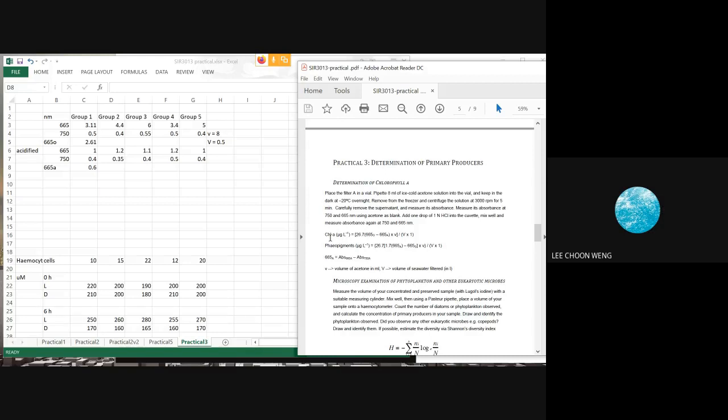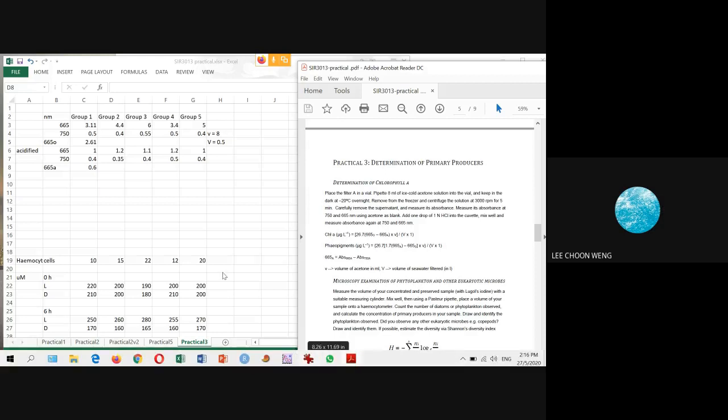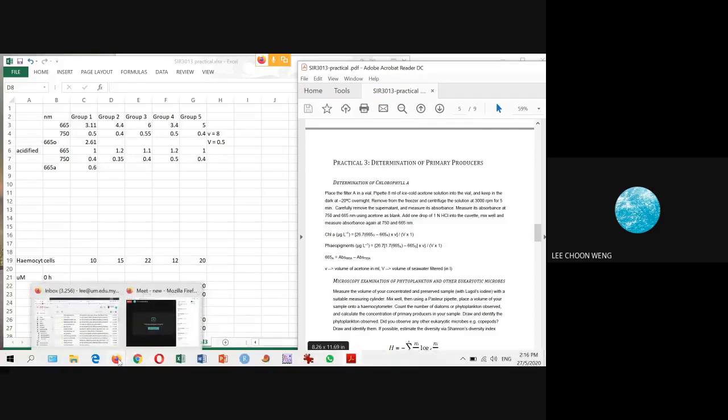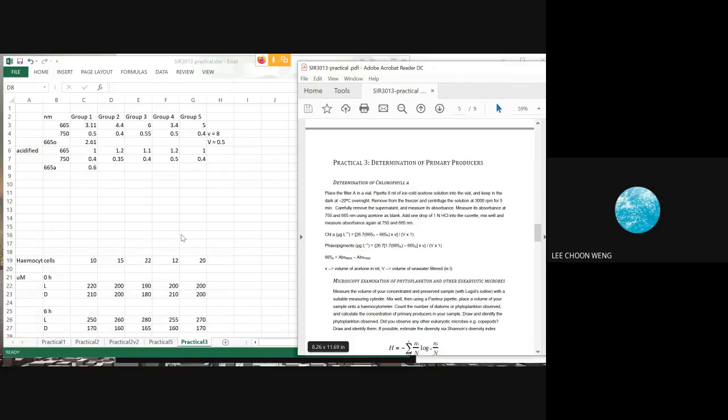Sometimes we also calculate the paleopigments, especially in waters like mangrove waters and polluted waters. In these waters, the concentration of paleopigments can be quite high and can affect your chlorophyll A readings. So it's good to know the concentration of paleopigments, but here, most important, get the chlorophyll A concentration out.